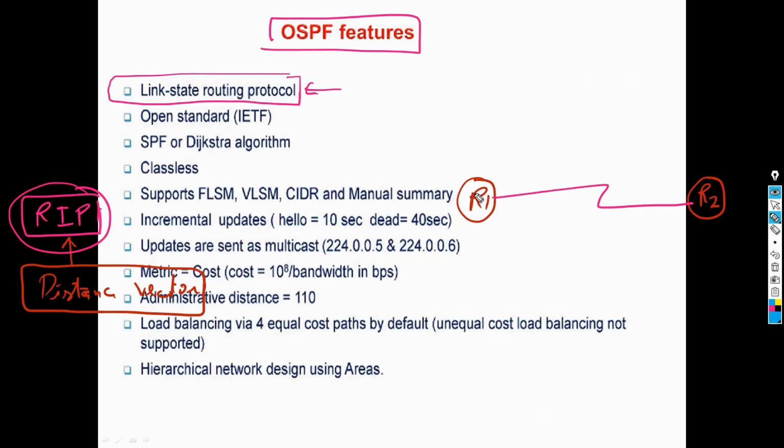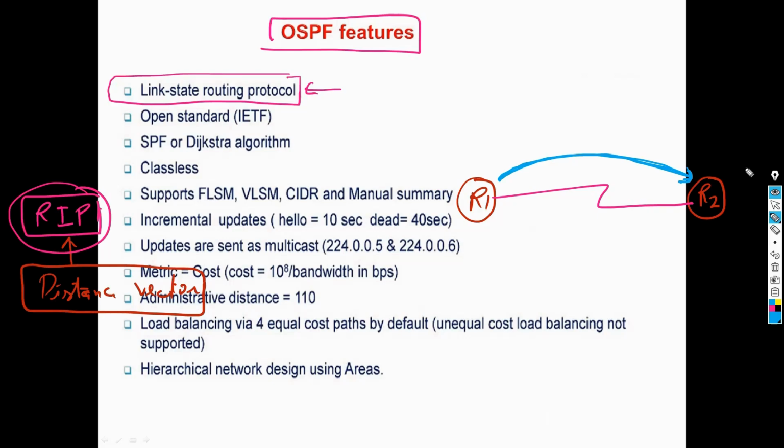For example, R1 will share its routing table information with R2. Now, after 30 seconds, again R1 is sharing its routing information with R2. Again, after 30 seconds, R1 is sharing its routing table information with R2. This is the problem with distance vector routing protocols.